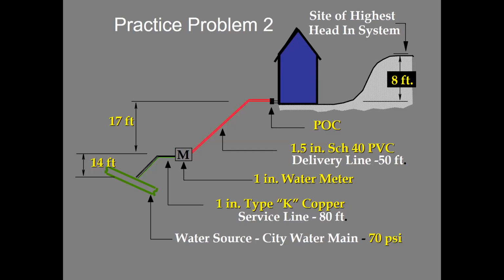So we take 31 and multiply it by 0.433. That gives us 13.423, rounded to the nearest hundredths place, 13.42 PSI. So now line number 4, our static pressure at our point of connection, should be what?